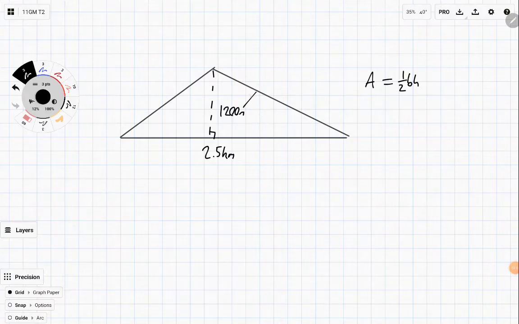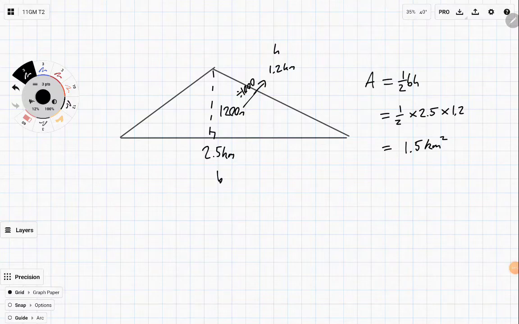I'm going to go to kilometres, so divide by 1,000. That leaves me with 1.2 kilometres, which is the height, and this is the base, and we get a half times 2.5 times 1.2, which is equal to 1.5 square kilometres.